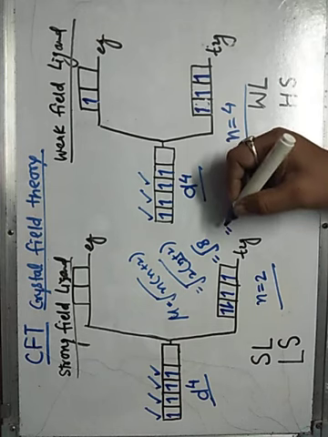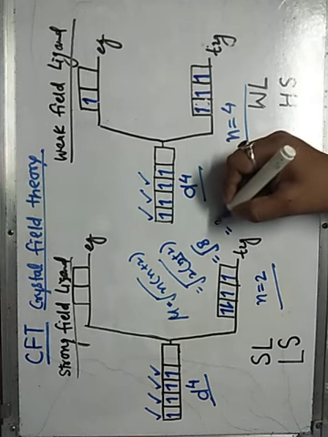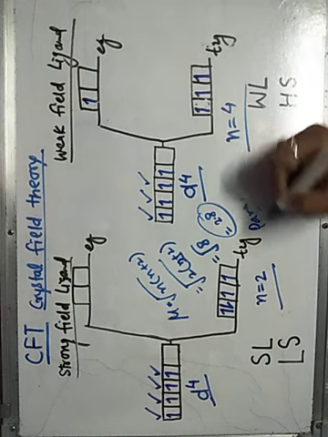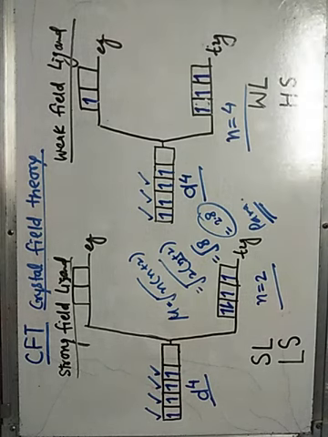It's nearby 2.8, so it will be paramagnetic, right? This is the simple formula we already use in VBT.